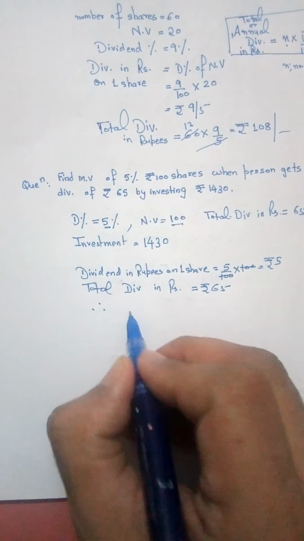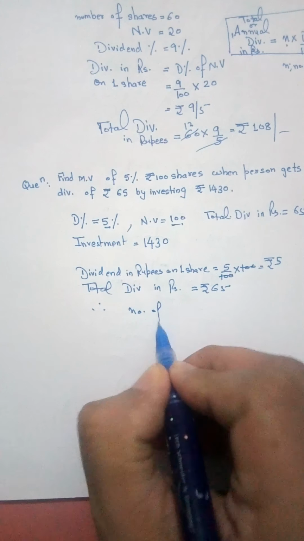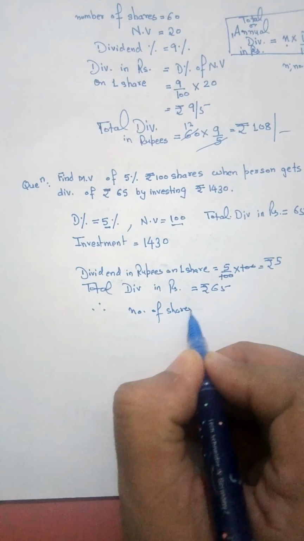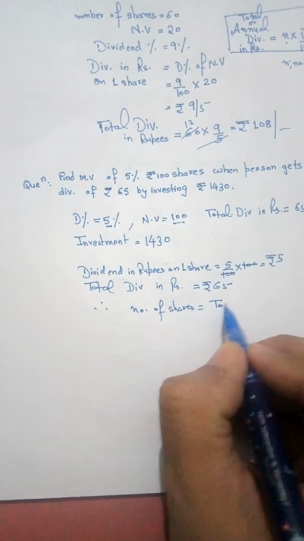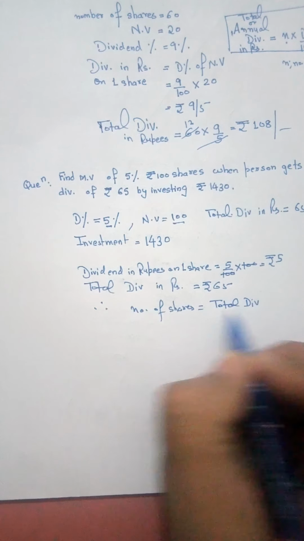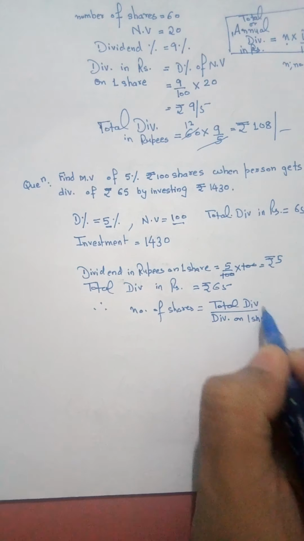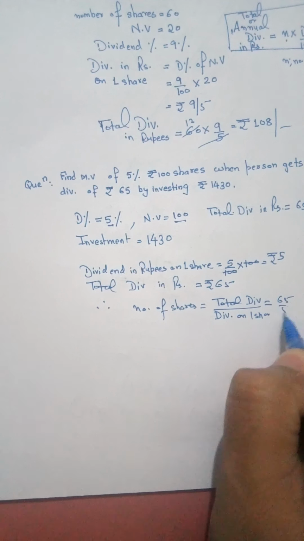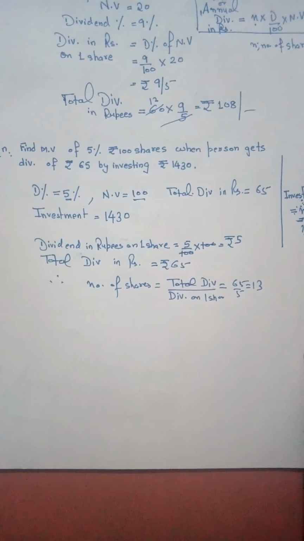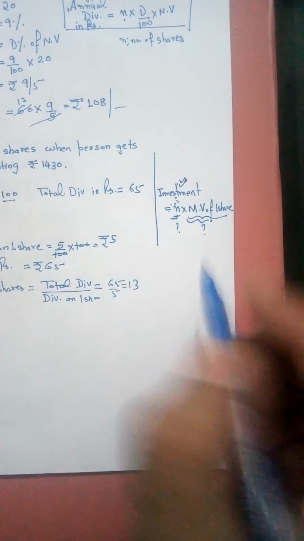So therefore n, the number of shares, will be the total dividend upon dividend on one share. It gives you 13. So there are 13 shares in all. So once you know the n value, now you can use this formula to get the market value of one share.